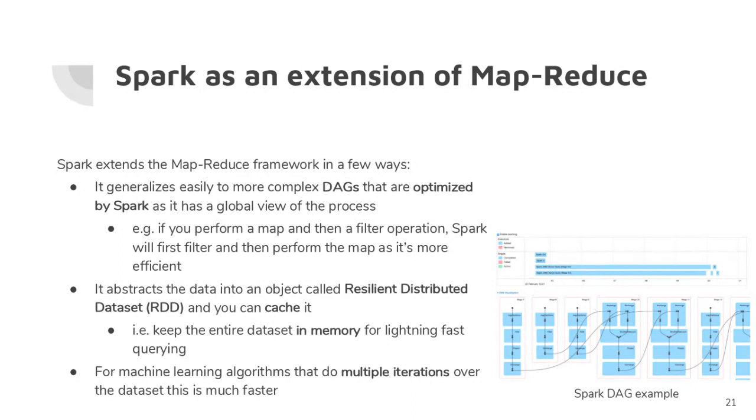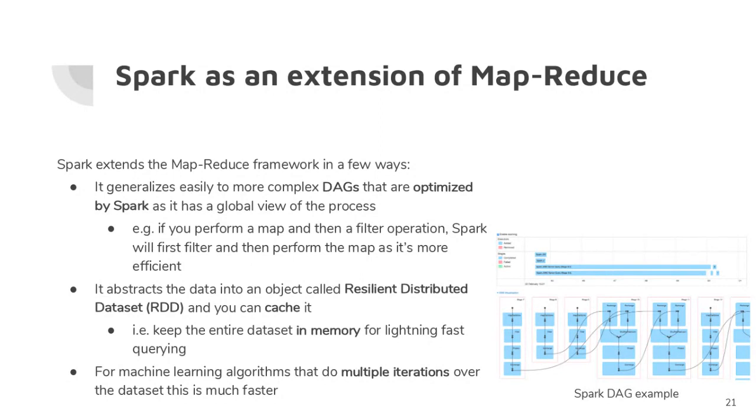For instance, assume you have a map and then a filter operation. So maybe if you define that, first you map and then you filter, Spark will know that because you define it in Python using PySpark or something, and then it can choose to first perform the filter operation and then only perform the mapping. That's maybe more efficient.